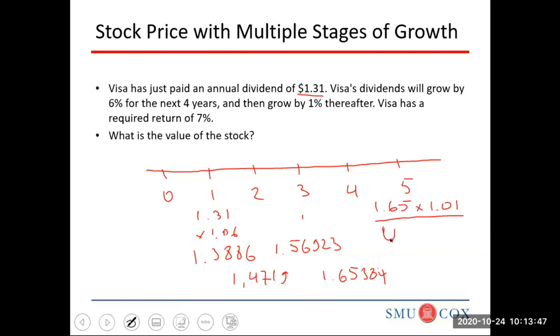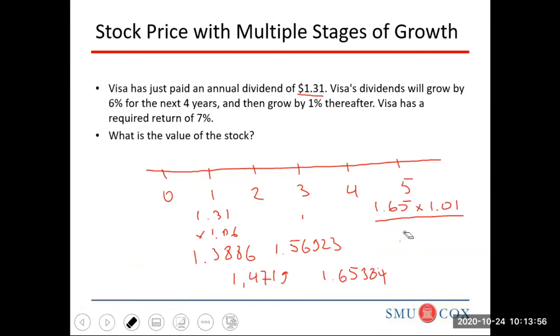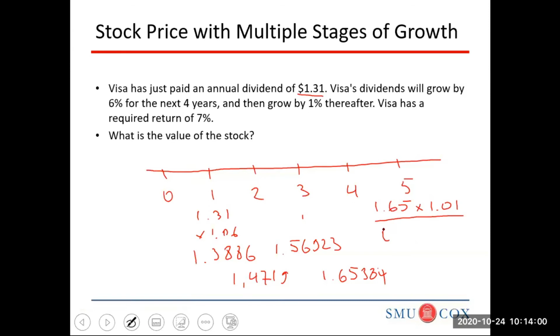Required rate is 7%, right? Minus growth rate, 0.01. What is that value?